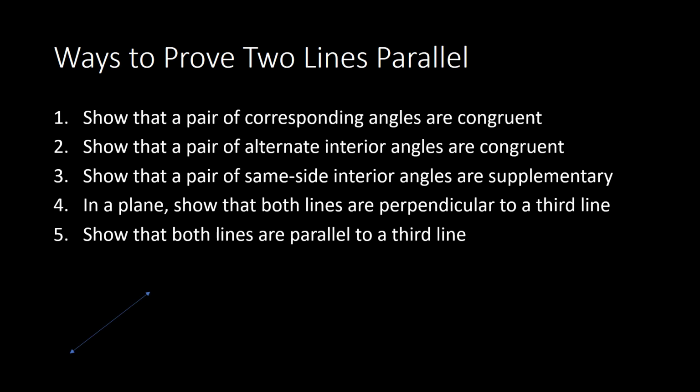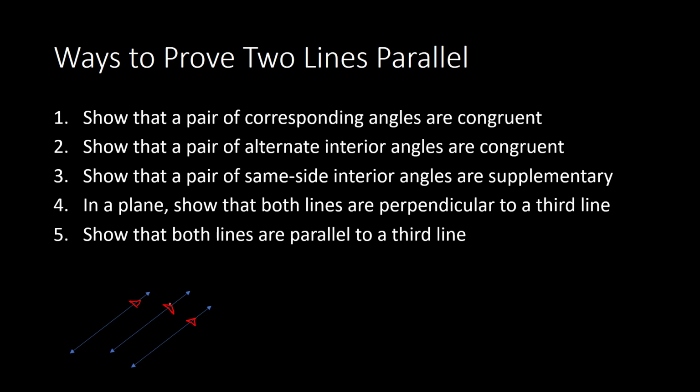So here we have a line and then another line. And we're trying to prove that these two lines are parallel. Well, if we have a third line right over here, and we found that line 1 is parallel to the third line, and then we conclude that line 2 is also parallel to that third line, then by kind of like the transitive property, we can conclude that line 1 and 2 must be parallel to each other as well.